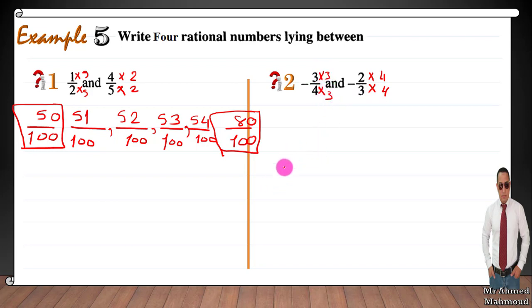Okay, so the two fractions will be like this: negative 9 over 12, negative 8 over 12. These are the original numbers.